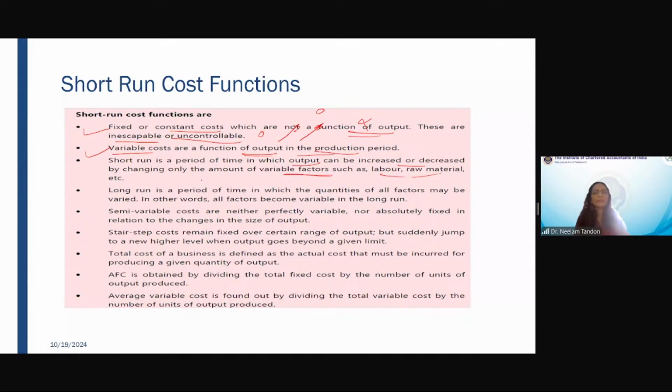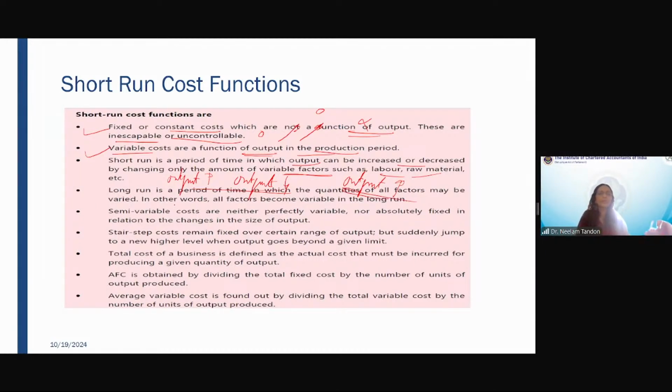So short term, output may increase, output may decrease. याद रखिए, शॉर्ट टर्म में आउटपुट इंक्रीज भी हो सकता है, कम भी हो सकता है, बट लॉन्ग टर्म में आउटपुट विल ऑलवेज इंक्रीज. Do keep it in mind.